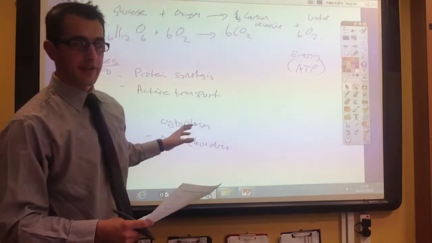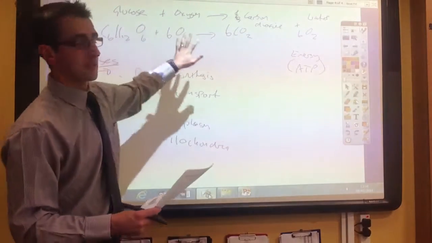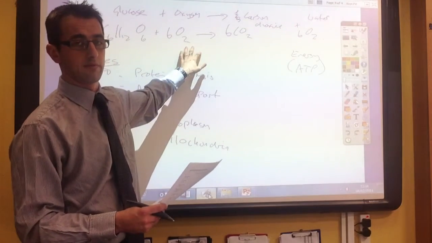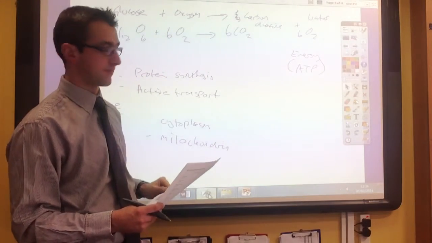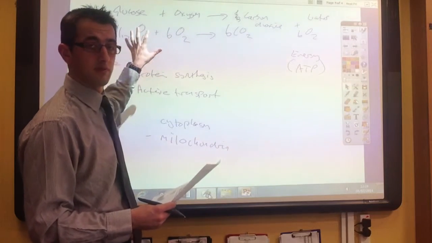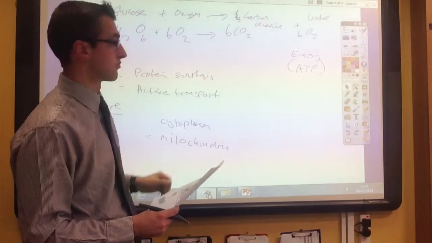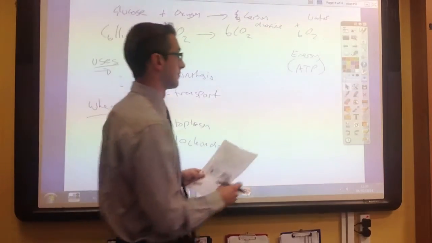The provision that aerobic respiration can take place is that there is sufficient glucose and sufficient oxygen for it to happen. If either of those runs out, aerobic respiration will have to stop. And usually the first one to run out is oxygen.